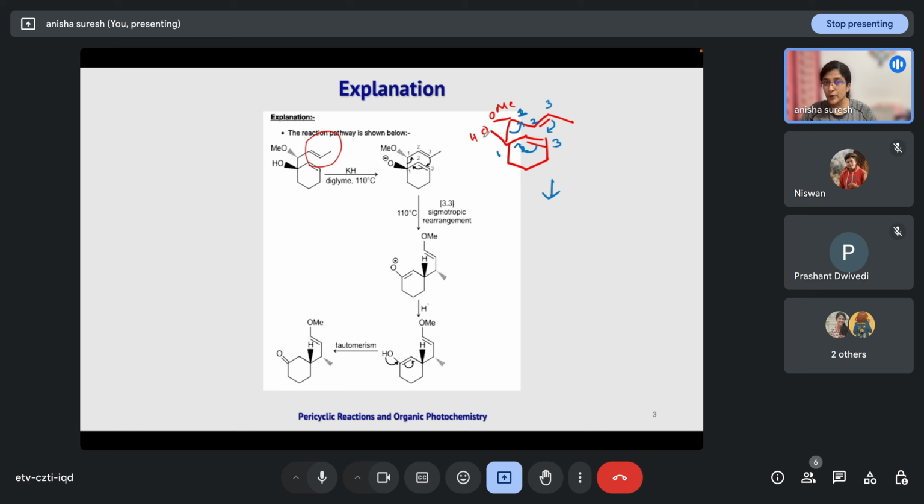And initially the proton abstraction will be taking place and it will be existing as the anion, K plus. So the product will be here OH, and it is coming from this side.